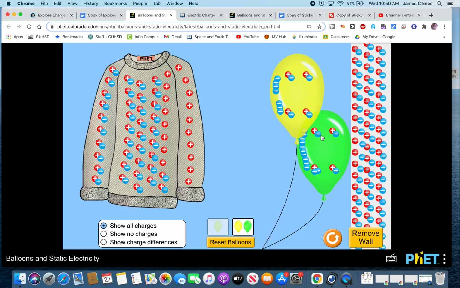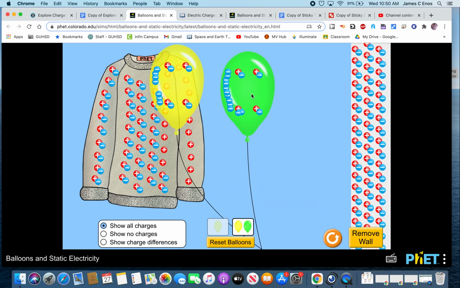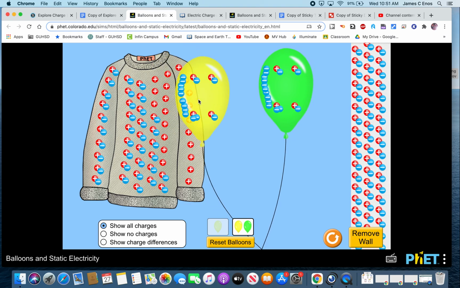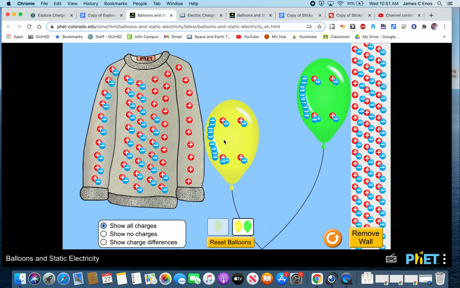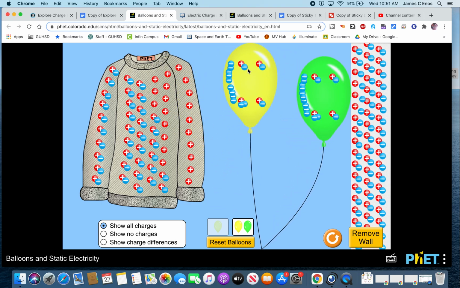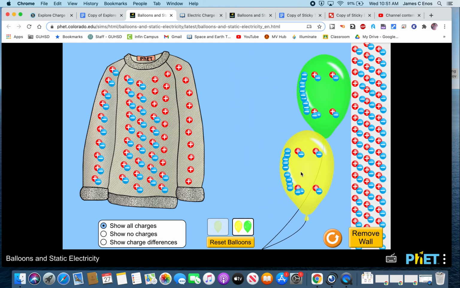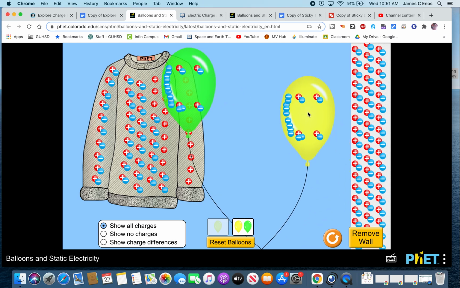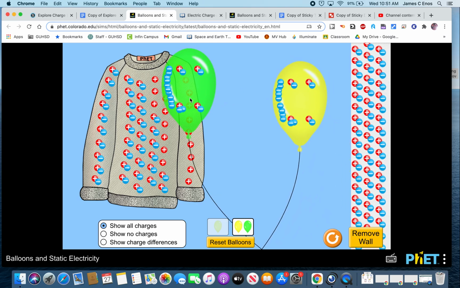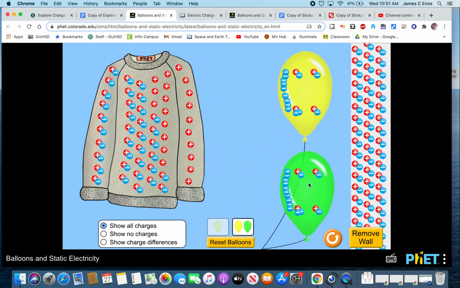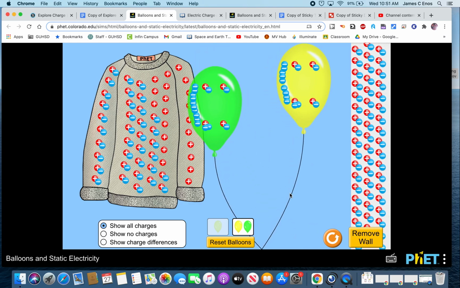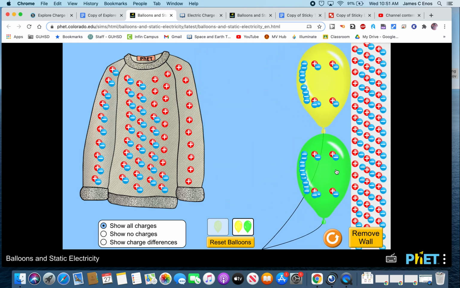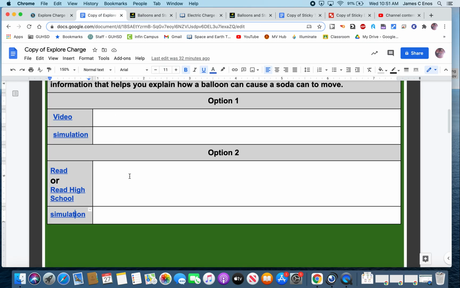Then you can move the balloons with another one of the balloons. It's not specific to just one, but both of these balloons will have that same property. So you have something that you can use for that simulation.